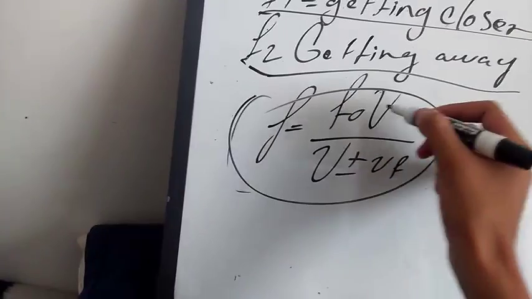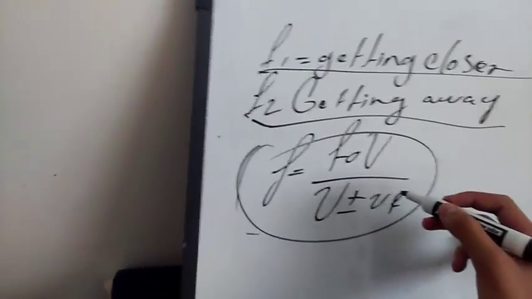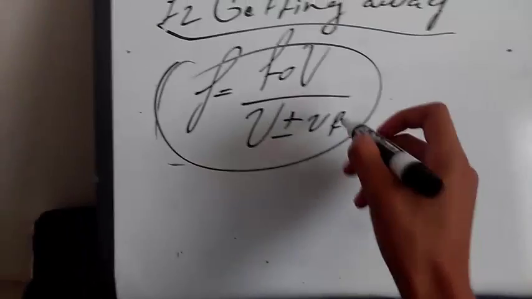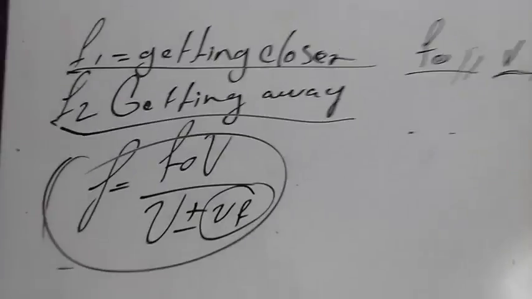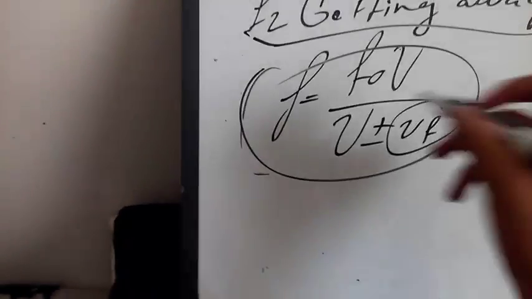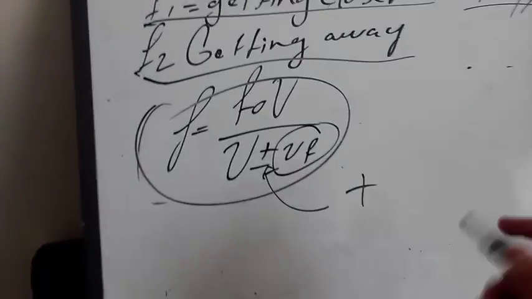We replace the values of initial frequency, velocity of the air, and final velocity. At the end, with this formula we get the two frequencies. We use plus when it's getting away, and we use minus when it's getting closer.